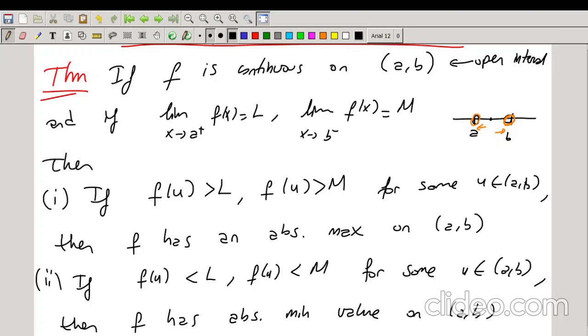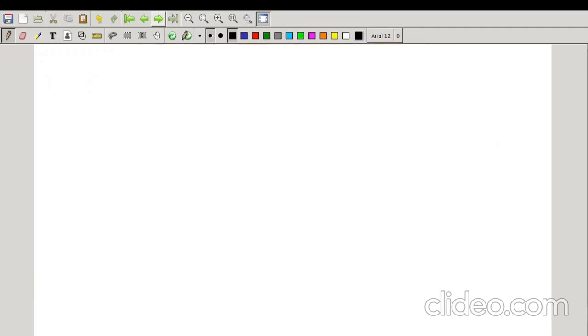Did we have any others? No, we have just those two. Okay, let me write an example of how we can use this theorem.